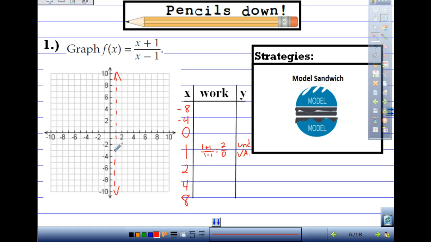Okay, now here comes the not so fun part. You just have to crank out all the decimals. So we'll take -8, plug it in, and do -8 plus 1 over -8 minus 1. That equals -7 over -9, and that's about positive 1.28.